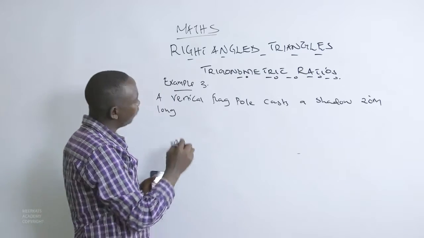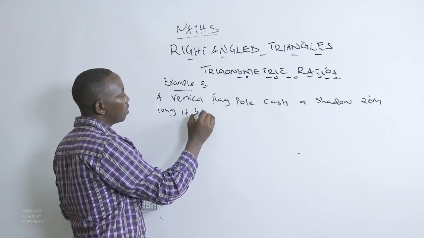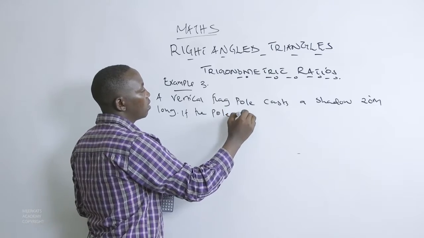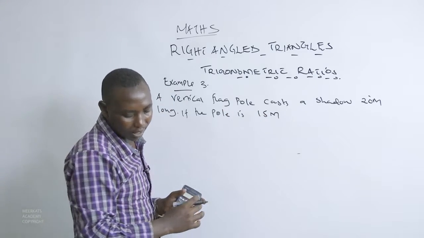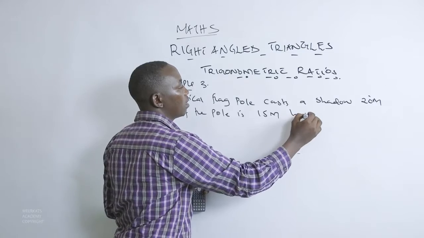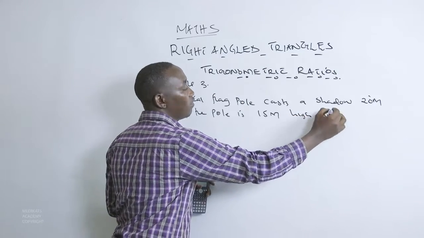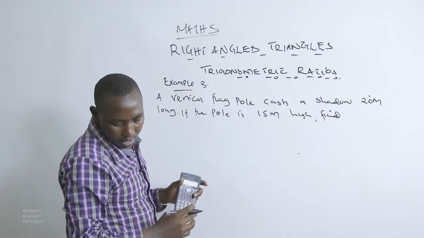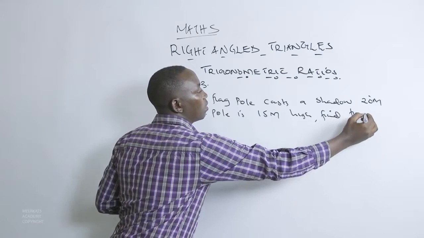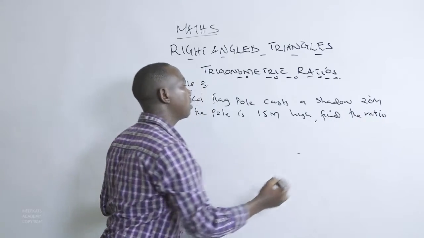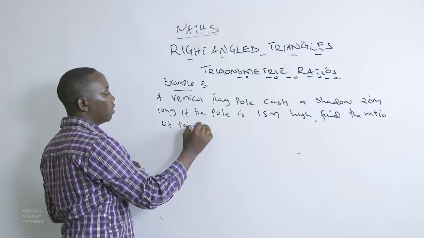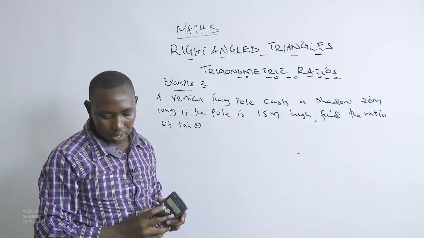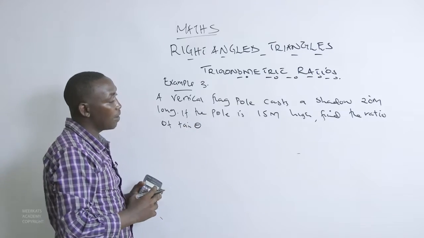We are told that the pole is 15 meters high. Find one trigonometric ratio, that is tan theta.